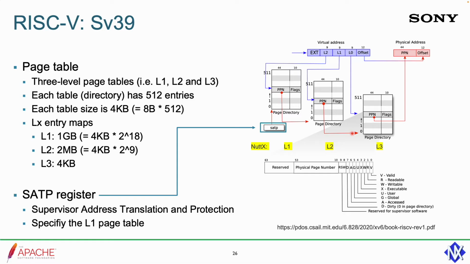For example, an L1 entry maps 1 GB, an L2 entry maps 2 MB, and an L3 entry maps 4 KB respectively. RISC-V has SATP, the supervisor address translation and protection register, to specify the L1 page table.